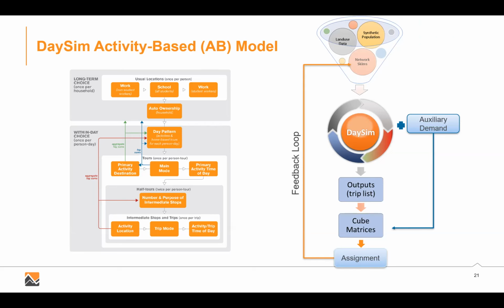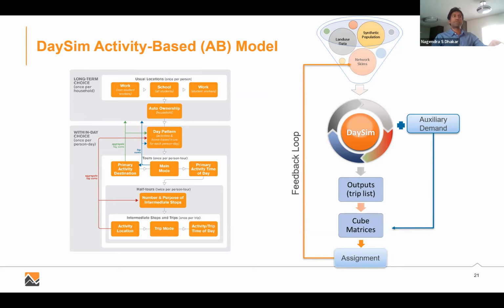So typically you have a set of inputs that includes land use data, synthetic population, and the network systems, which define the level of service in terms of the distance between OD pairs, travel time, transit fare, or any other level of service that is being used. These go into demand models.